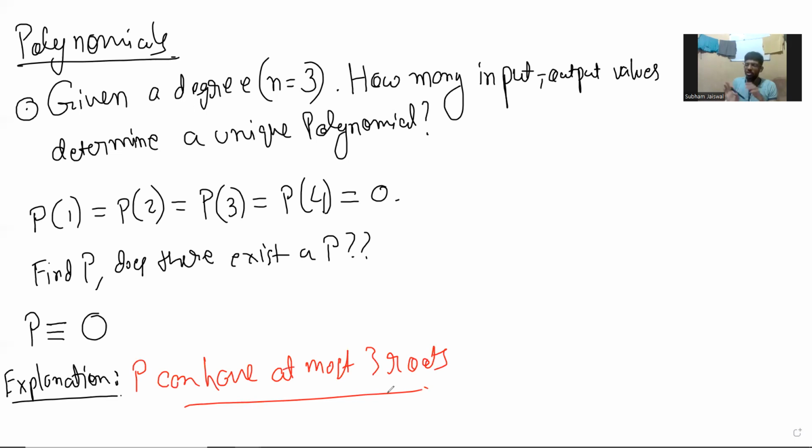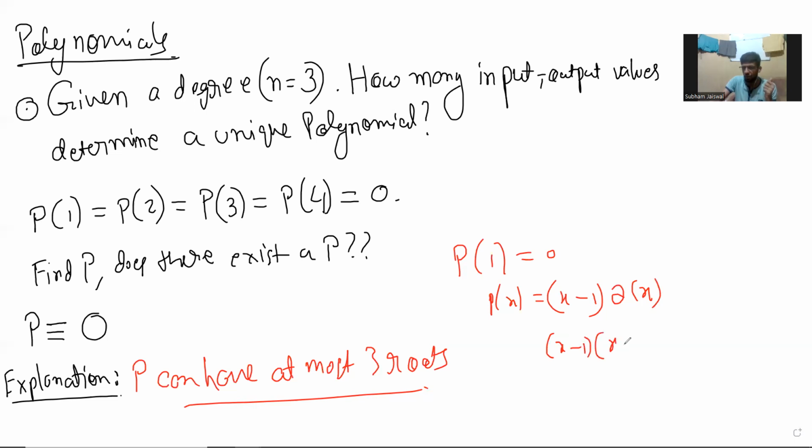And we don't need to prove this again, but let's just see. Every time you have a root, what does it do? It gives a factorization of P. Because when you divide it by x minus 1, then there is no remainder. And so we get some q. But now q becomes a 2 degree. And then again, you get a factorization of q.